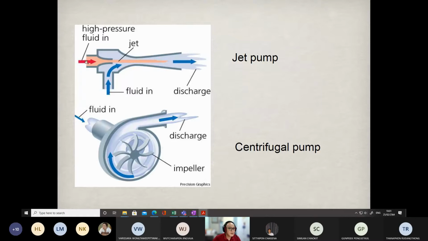These pumps need high pressure fluid injection, which is also water. We have to push the water through this small vortex, so that due to the high velocity, this jet can induce the water from the other directions and get into the pump.